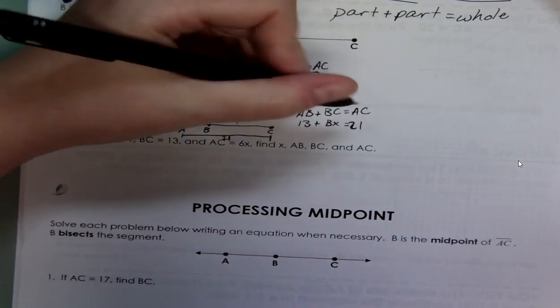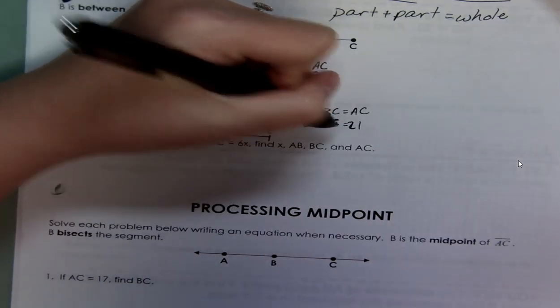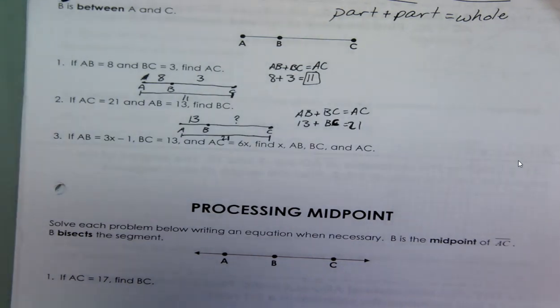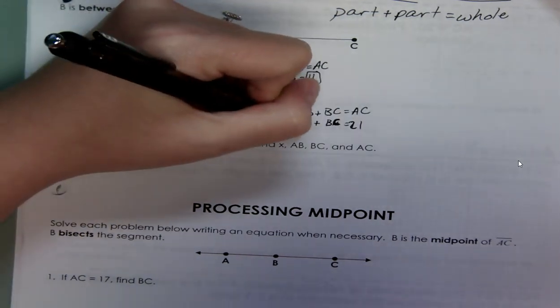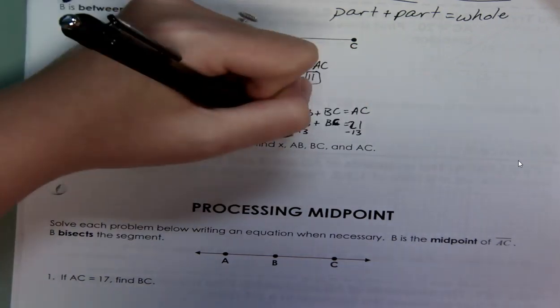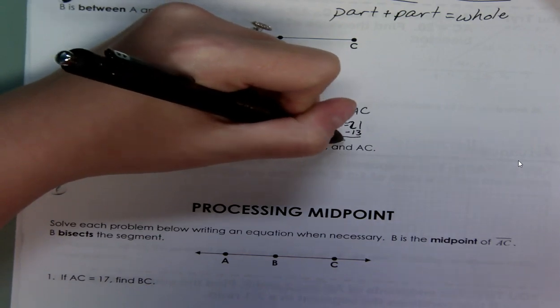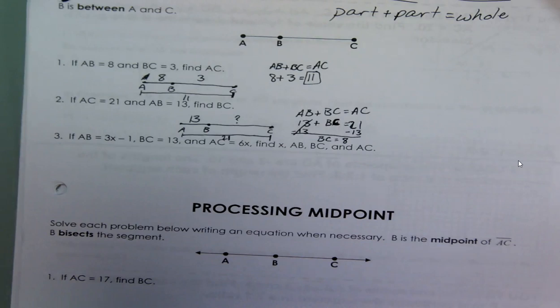So it's still pretty easy. You've got, I put BX because I'm crazy. So we're going to say BC. That was weird. If we're trying to solve for BC, we're going to subtract 13 on both sides. And we're going to end up with 8, because 21 minus 13 is 8.